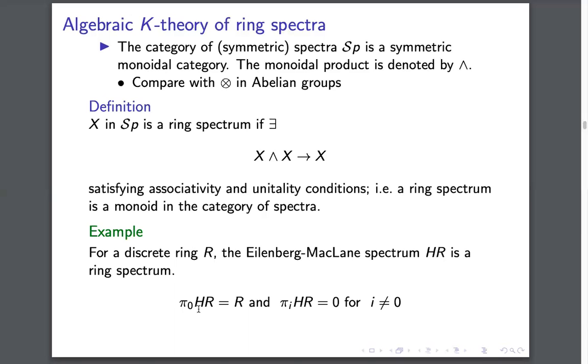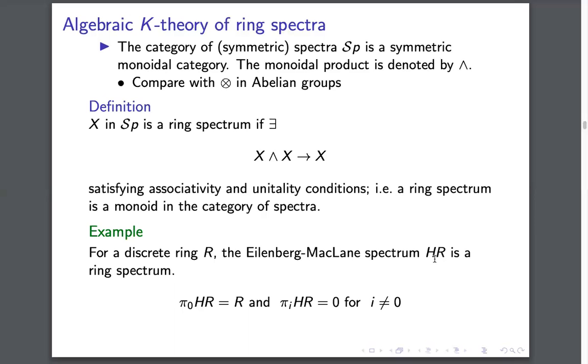So it only has pi 0, and its pi 0 is R, and the rest of its homotopy groups are trivial, right? Its homotopy groups are R concentrated in degree 0. That uniquely defines the spectrum, and this spectrum happens to be a ring spectrum because R is a ring, basically.